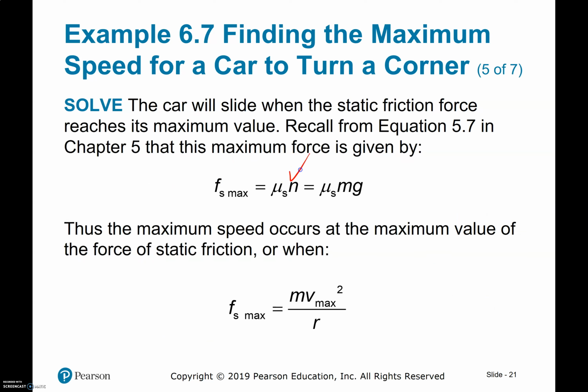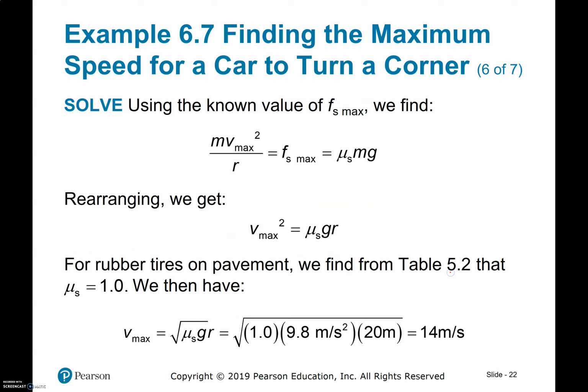So maximum friction happens when you get the friction coefficient times the normal, right? So that is mu s times mg. So then we can write that mu s times mg is equal to m v squared over r, or v squared is equal to mu s g r. And this is the final equation.